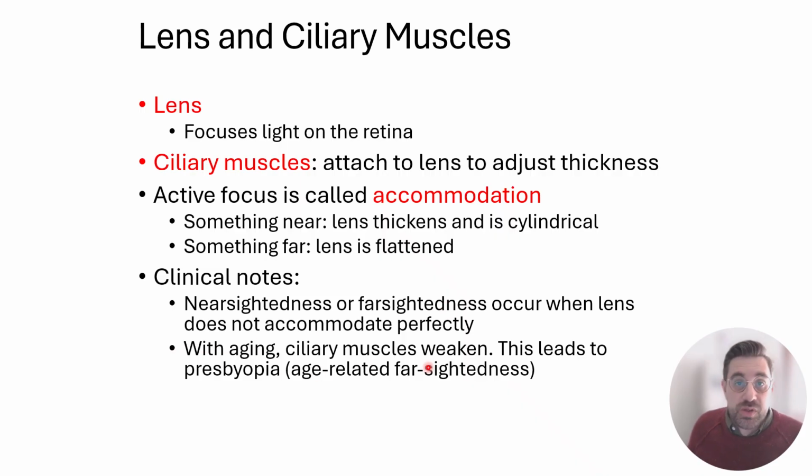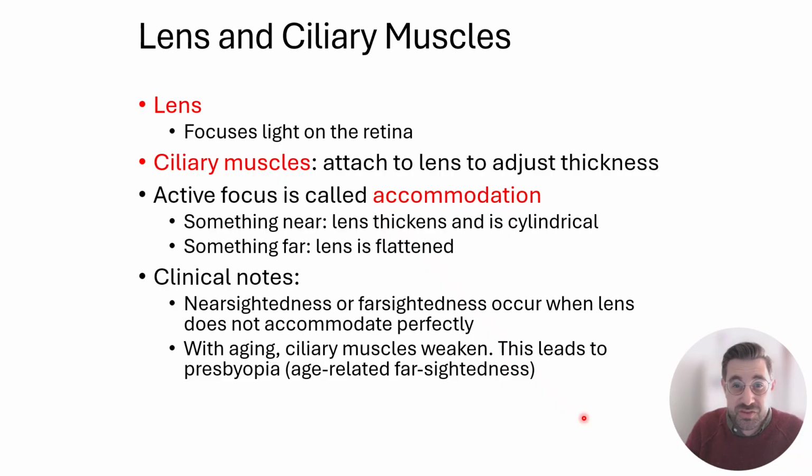You might also know that eyesight gets worse over time, particularly close-up eyesight. And what's going on there is that these ciliary muscles are getting weaker over time, and so you can't pull the lens as much, and so over time we get this age-related farsightedness. It's just a natural thing.